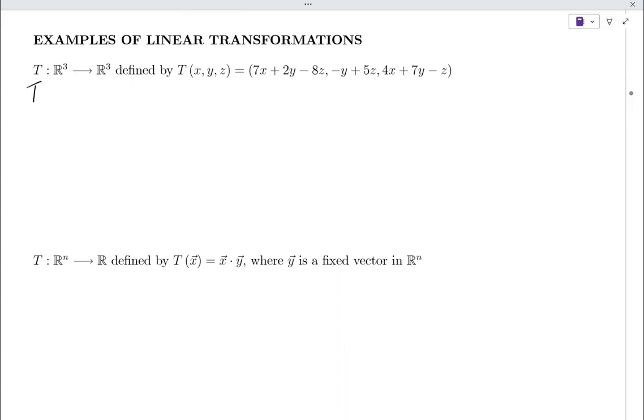If we wanted to brute force check that this really is a linear transformation, take two vectors in R3, add them, apply the transformation, or apply the transformation then add and see if you get the same thing. So this would say apply the linear transformation to the vector x1 plus x2, y1 plus y2, z1 plus z2.